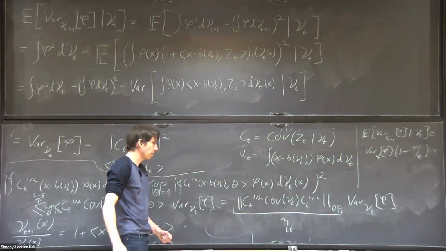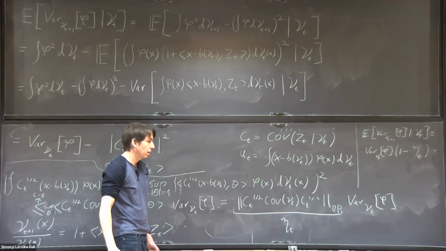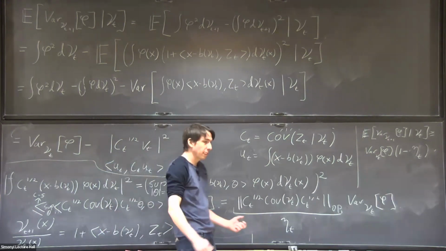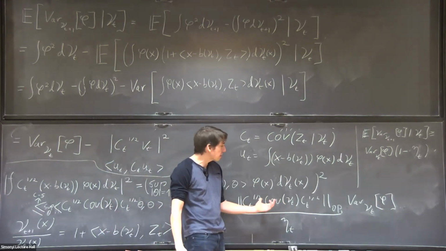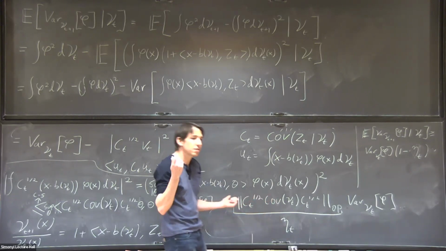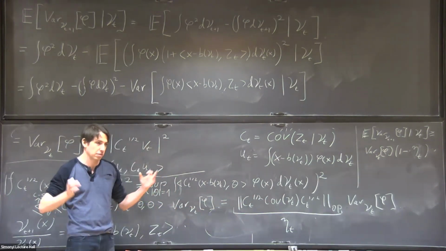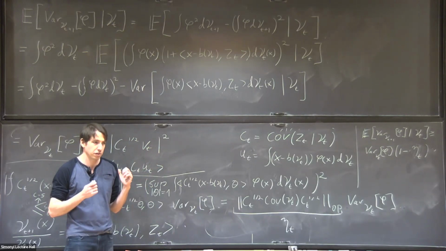So this in particular forces the variance in C_t to be not too high. This gives me that I need some kind of trade-off. The higher the variance in Z_t is, the faster the process converges to wherever I want it to converge.